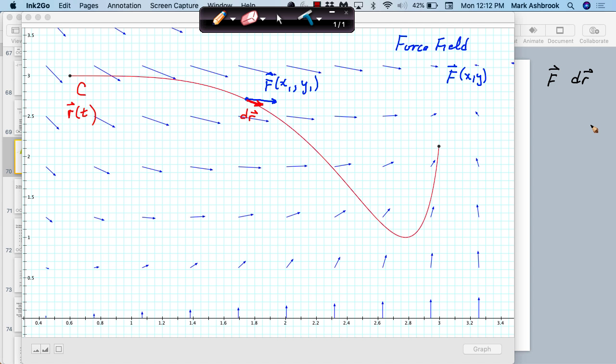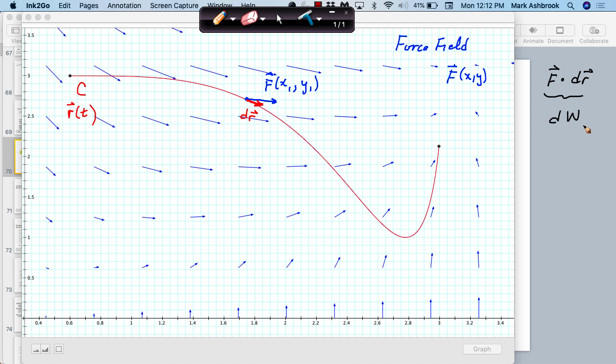Same. Therefore, we want the dot product, right? We learned that. And what are we actually accumulating here? F dot dr. What was that? Remember? Force times a little bit of distance. This is work. Remember our work was a dot product, right? Work was force dot dr.